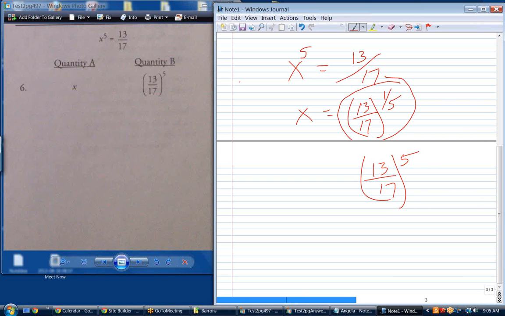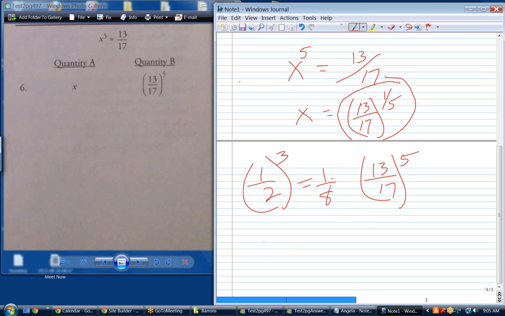Actually not. It's larger. And this is back to that same principle as to what happens when we take numbers that are greater than 1 or less than 1 and we take them to exponents. In other words, if you cube the number 1/2, what happens to it? It does get smaller, 1/8.